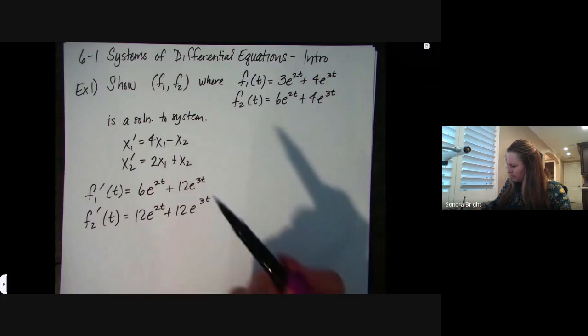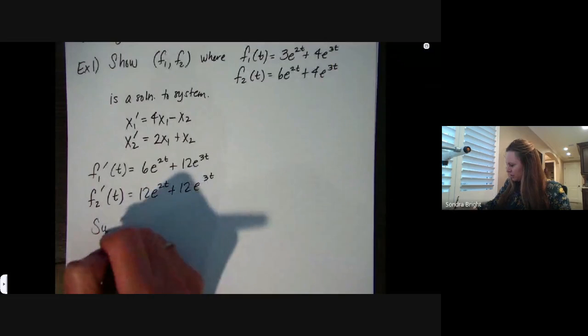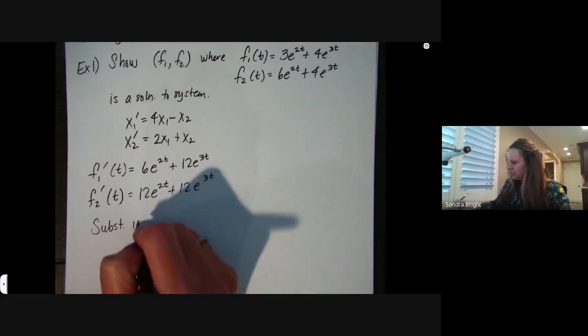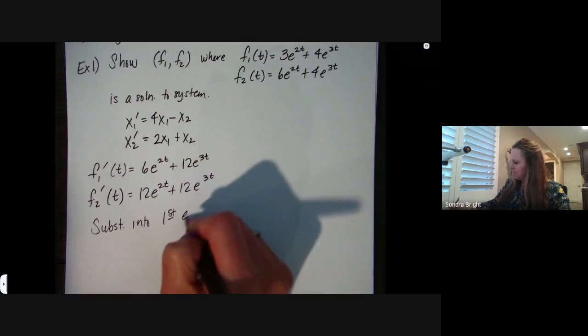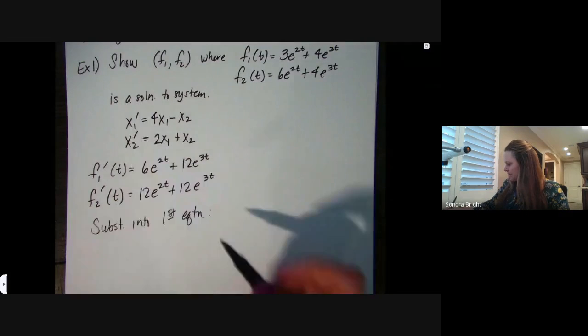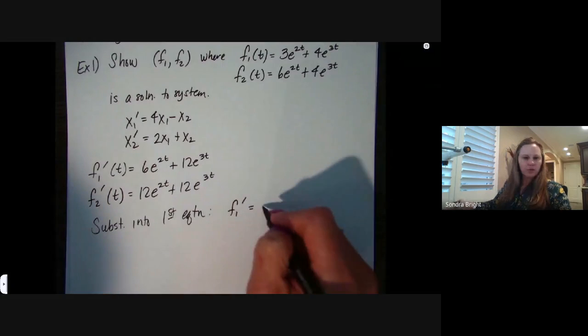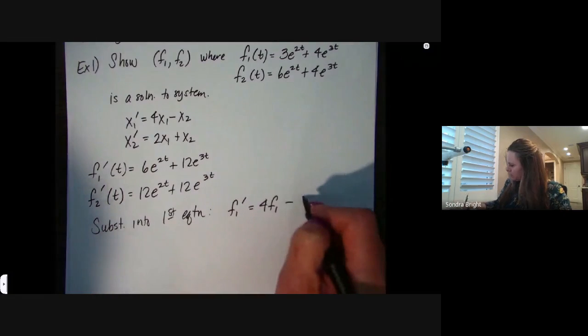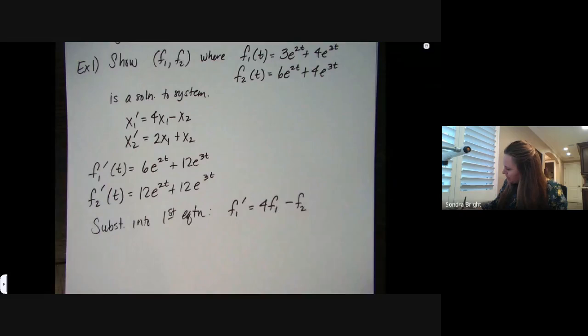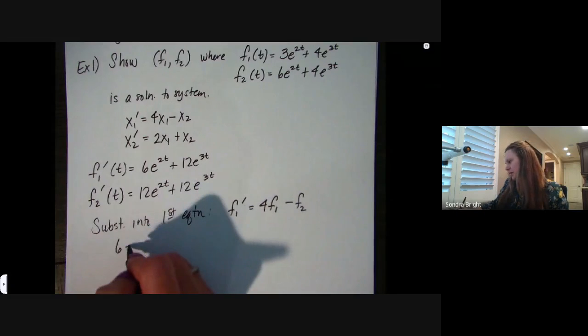So let's substitute into the first equation. Just to be clear, x1 prime means f1 prime, x1 means f1, and x2 means f2. So plugging those in, we've got 6e to the 2t plus 12e to the 3t.